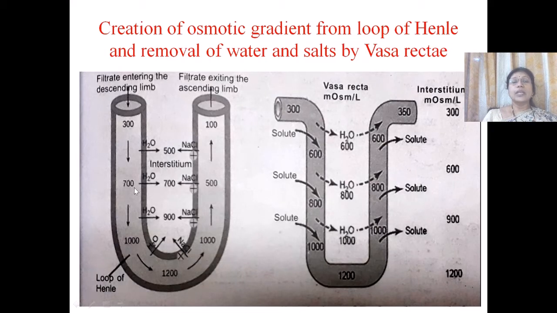Both the loop of Henle and collecting tube function in coordination with each other and maintain the osmotic gradient of the medullary interstitial fluid. Due to this, the isotonic urine transforms into hypertonic urine.